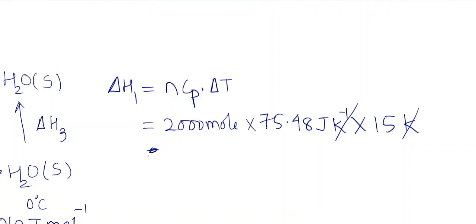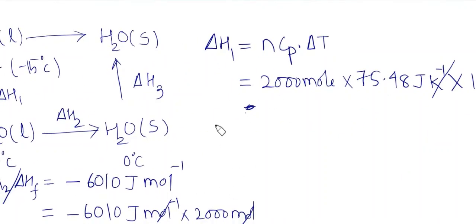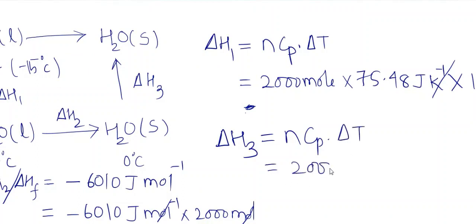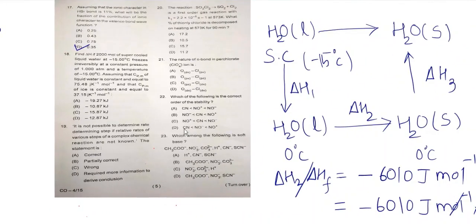So for del H3 you apply the same formula, n Cp into del T, where n is also 2000 mole, and Cp is different. Look at the values: Cp,m for ice in solid is constant and is equal to 37.15.